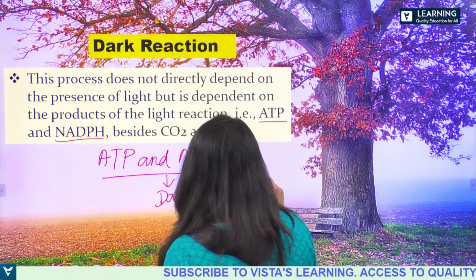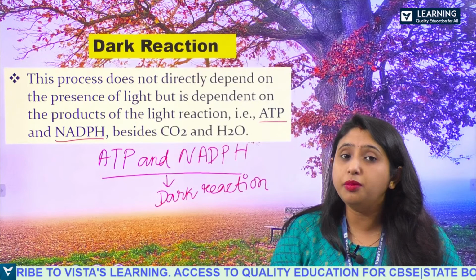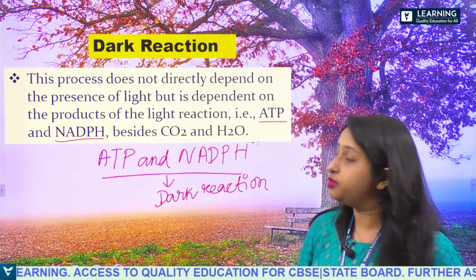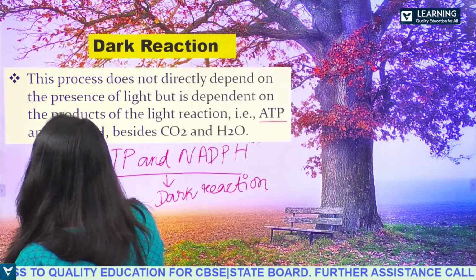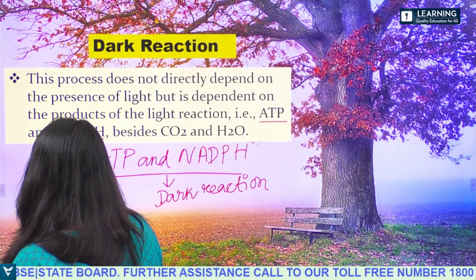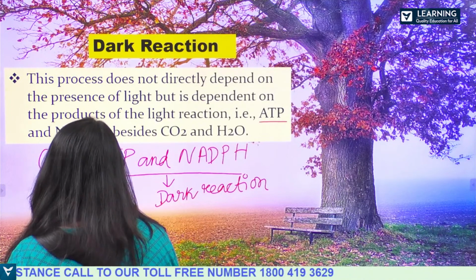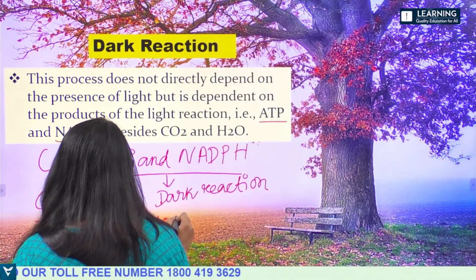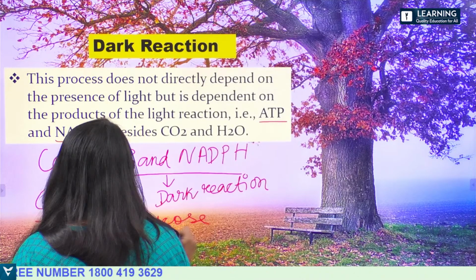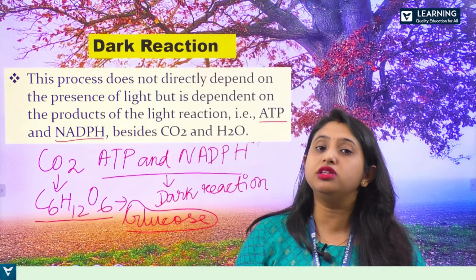So what happens in the dark reaction? From carbon dioxide, glucose is formed, C6H12O6. So we are going to learn how glucose is formed in the dark reaction.